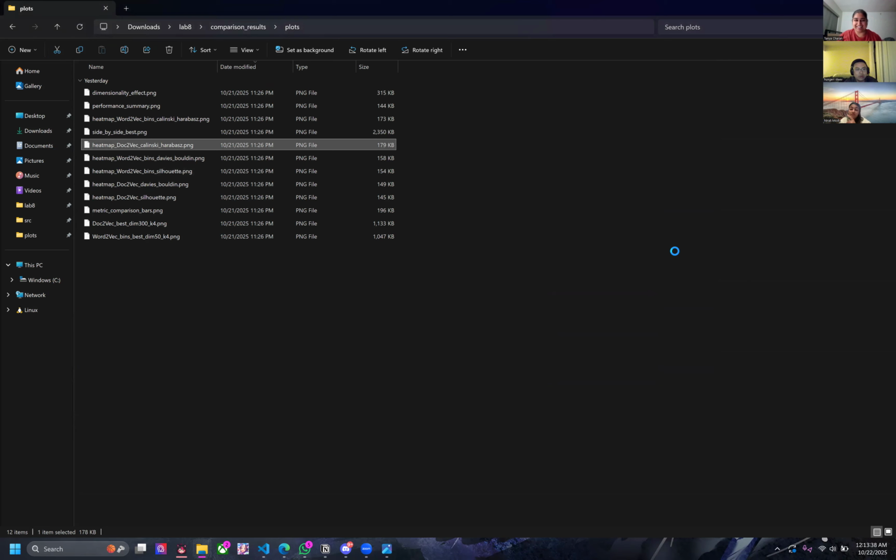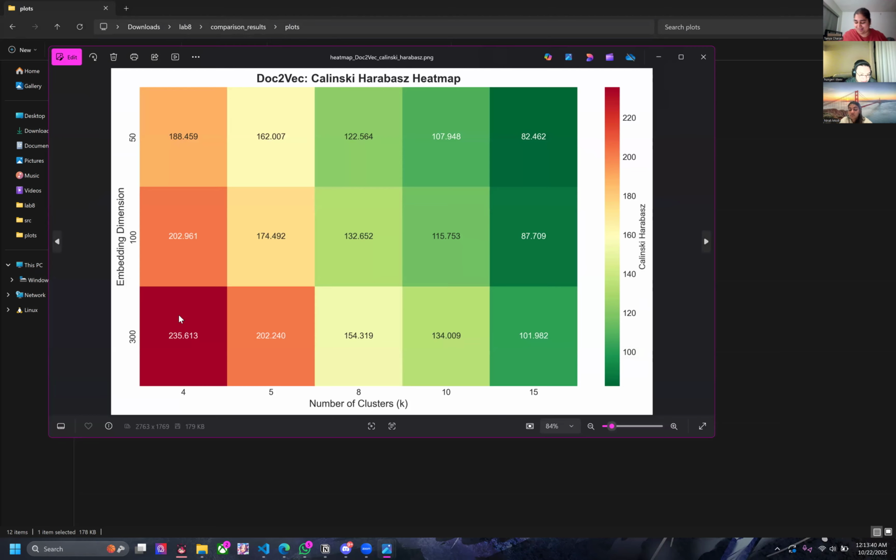Couple more cool things. One thing to notice is that red is actually good and green is bad. I flipped the color scheme, such amazing, so wow. But for some reason, more clusters and less dim. Actually, this is not that surprising.